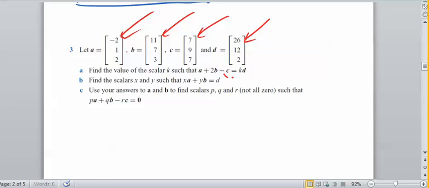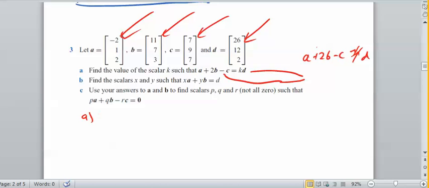What can you say about these two vectors? If we've got a scalar multiple, they're parallel. They won't be the same size, but they'll be in the same direction. So find the scalar k.